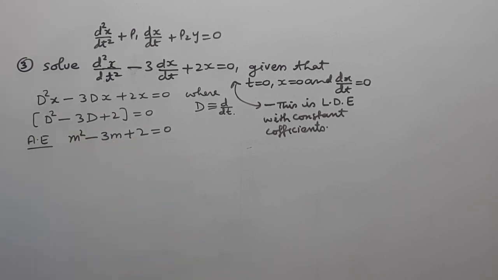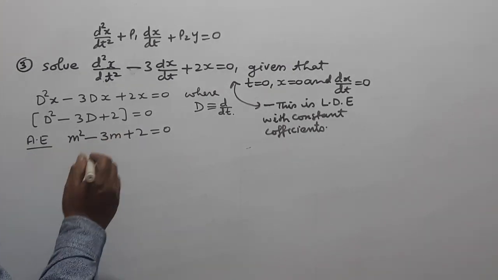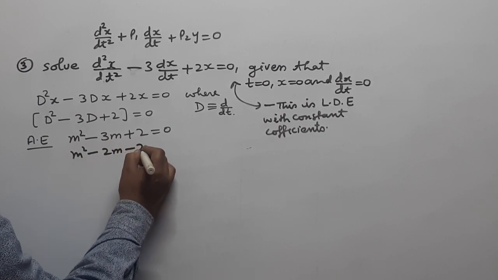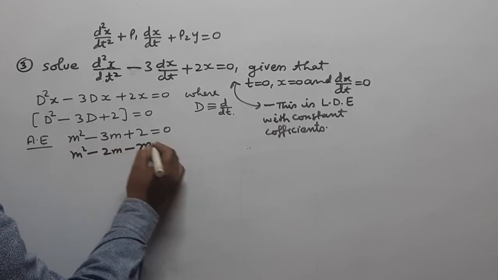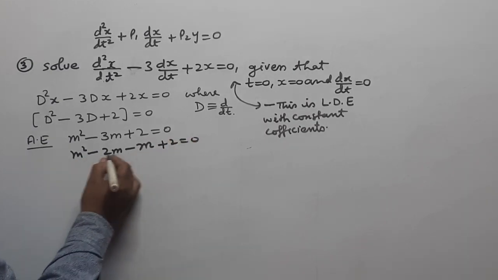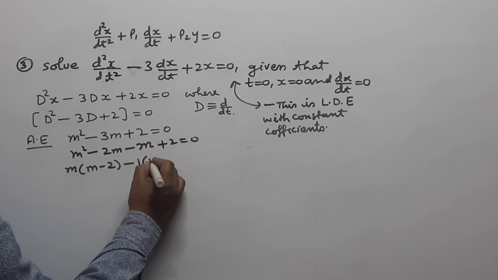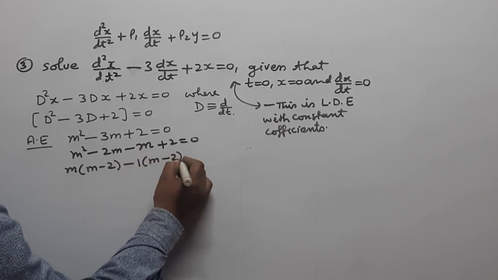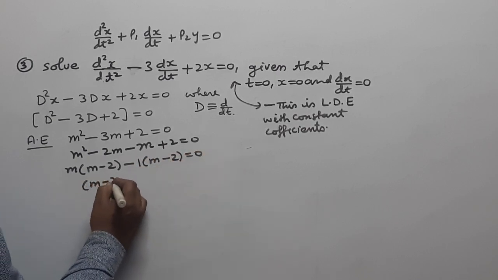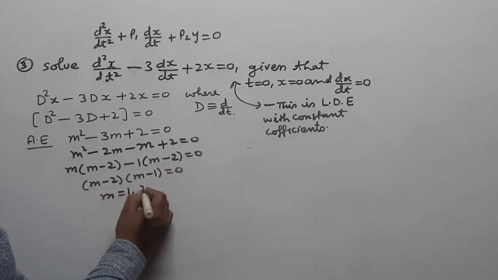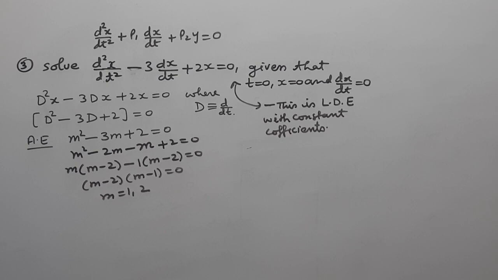Now we solve this quadratic equation and get its roots. Using factorization, we write m² − 2m − m + 2. Taking m common, we get m(m − 2), and taking −1 common, this becomes −1(m − 2). So m − 2 is common, and we get (m − 2)(m − 1) = 0. So m is equal to 1 and 2. These are the roots of the auxiliary equation.